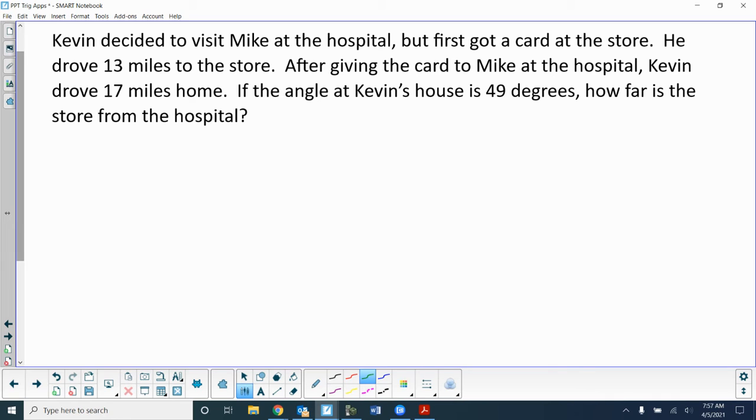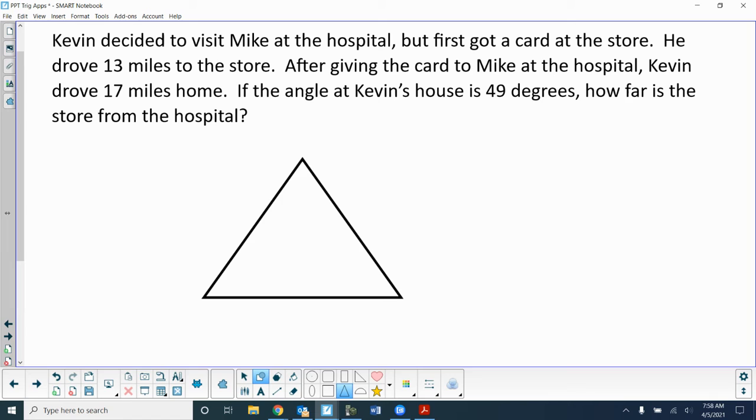Okay, so again, we're just going to draw a picture of a triangle. Nothing about a 90-degree angle or anything, so we're just going to do one like this. So we'll say Kevin started here at his house. He wants to go visit him at the hospital, but he got a card at the store. So he goes to the store first. So this is the store, and over here is the hospital. It doesn't matter which one you make.